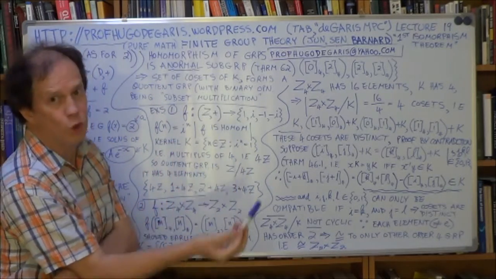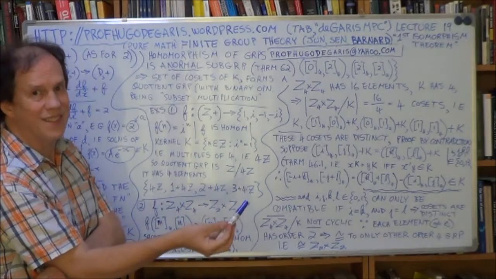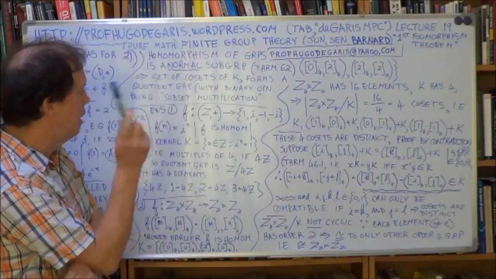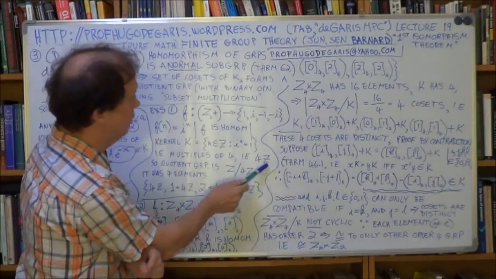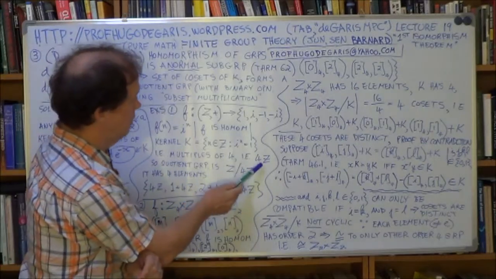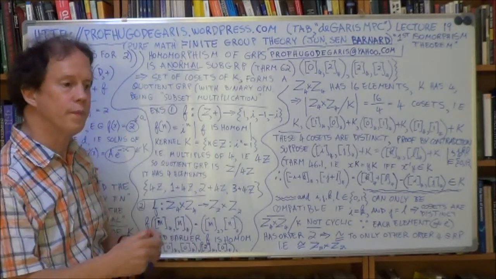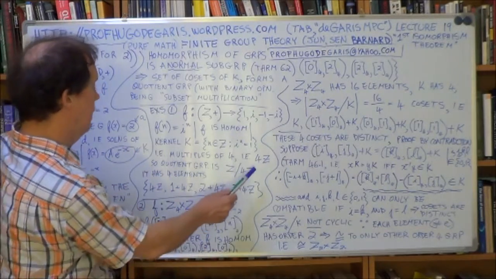Well, 0, plus minus 4, plus minus 8, plus minus 12, plus minus 16, dot, dot, dot, right? In other words, 4Z. Z is the set of all integers, and 4Z is just multiples of 4. What I just said, 0, plus minus 4, plus minus 8, okay?